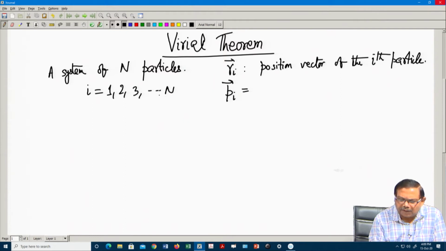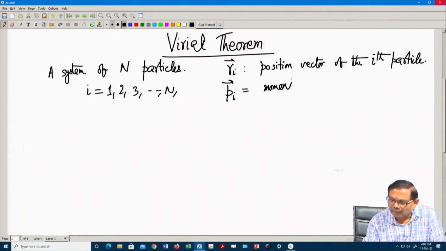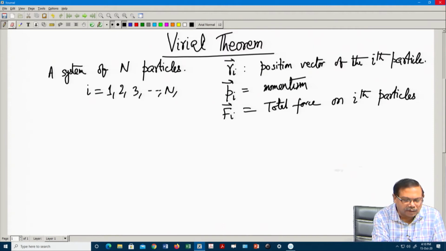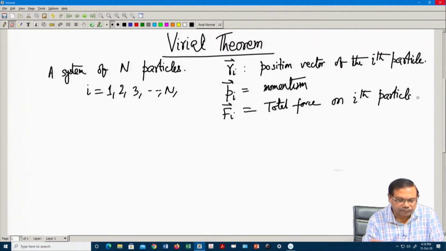So, there are n particles and each of them has a position vector and momentum, and F_i is the total force acting on the ith particle, and we are talking about a system of n particles.